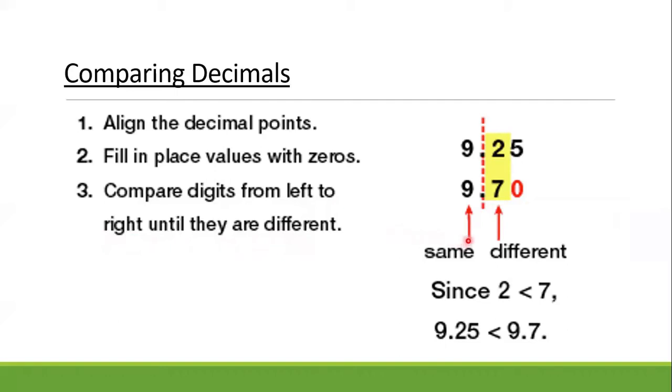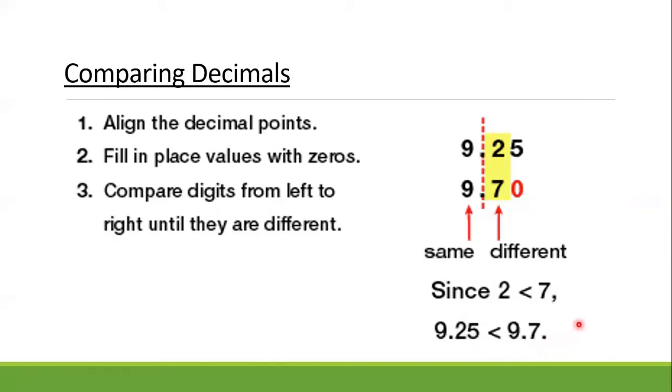Here, the digits at the units place are the same. And here, the digits at the tenths place are not the same. They are different. Since 2 is less than 7, 9.25 is also less than 9.7.